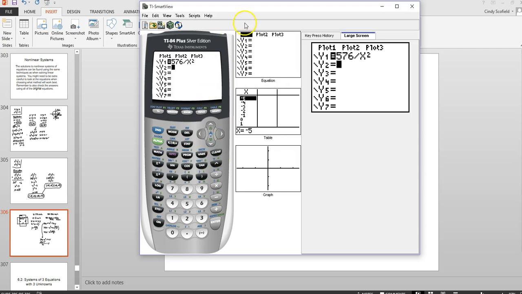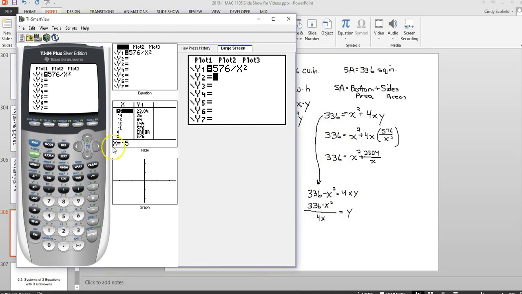And then y sub 2, we're putting in the numerator 336 minus x squared. And then denominator, we're putting in 4x.